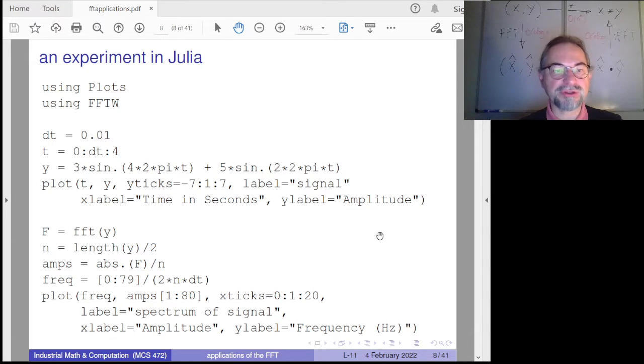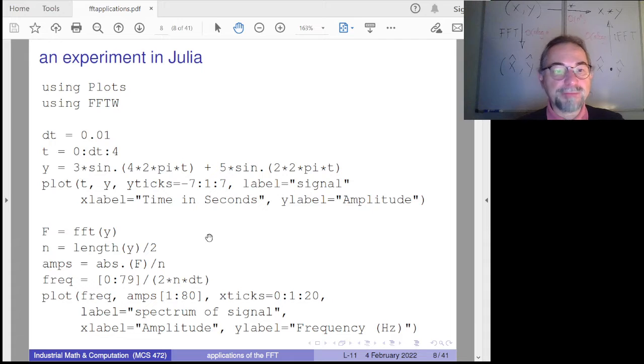The instructions are also here. The main important step here is the FFT of the time samples. We start with continuous functions, but what we actually are doing, we have periodic data that we feed as input to the fast Fourier transform.